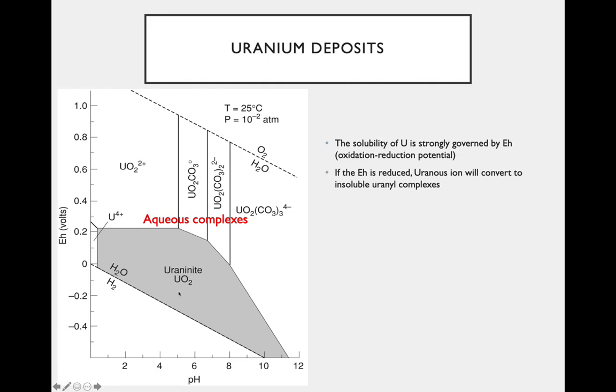So as we reduce, we can stabilize uraninite. So we're converting these uranous ions to uranyl complexes.